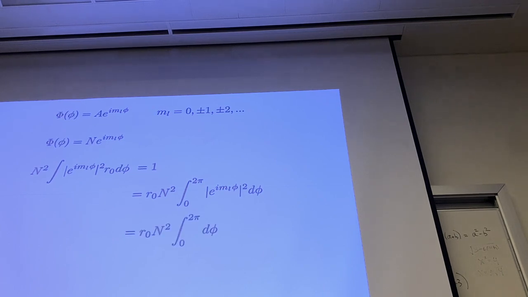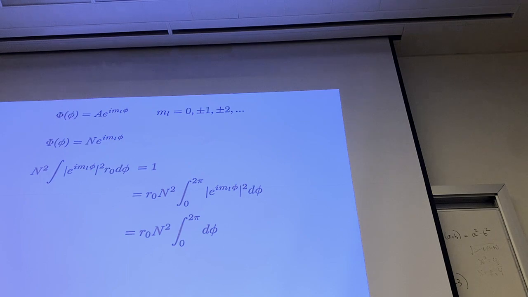This r0 is just a constant which I can take out of the integral because I don't integrate over it, I'm only integrating over phi. And therefore, after I substitute the complex exponent modulus squared by a 1, I simply get the integral from 0 to 2 pi, that's the total ring, of d phi.